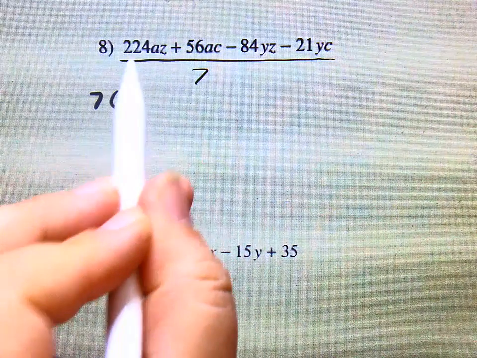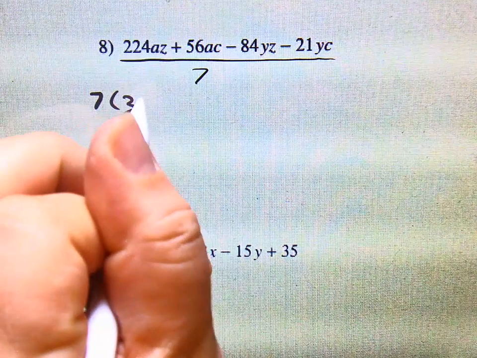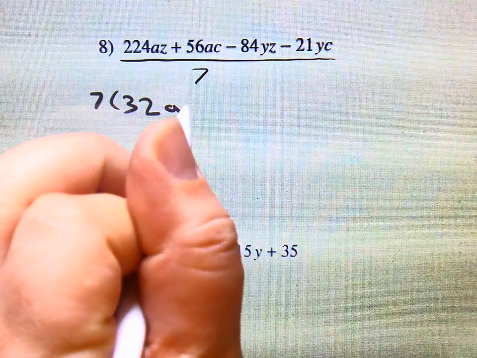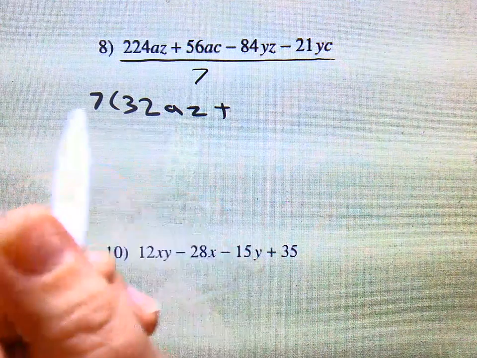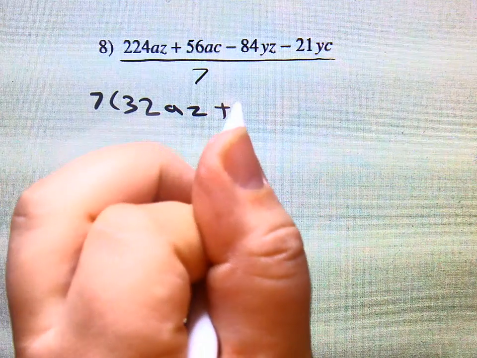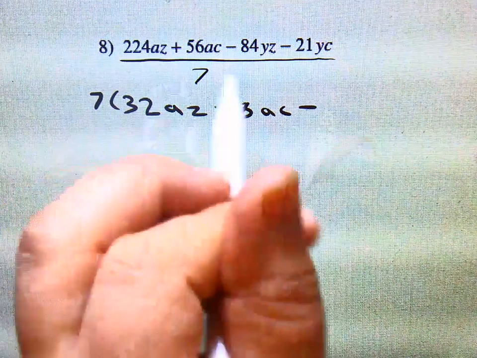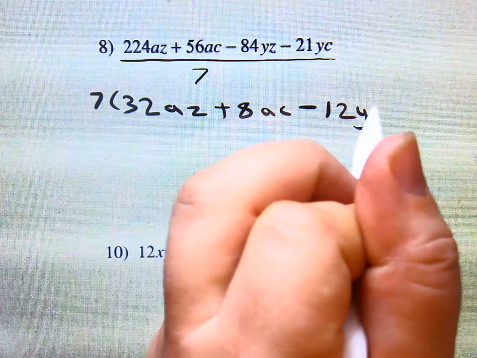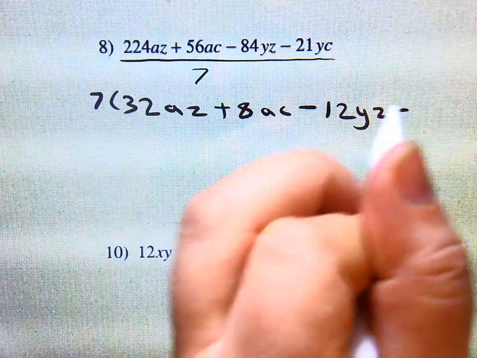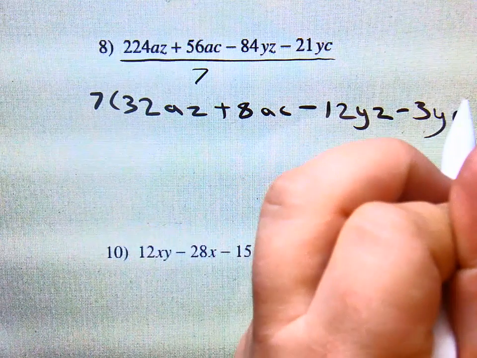And so 7 goes into 224. We're just going to rewrite this in its new simplest form. And 7 times 8AC, 7 times 12YZ minus 7 times 3YC.